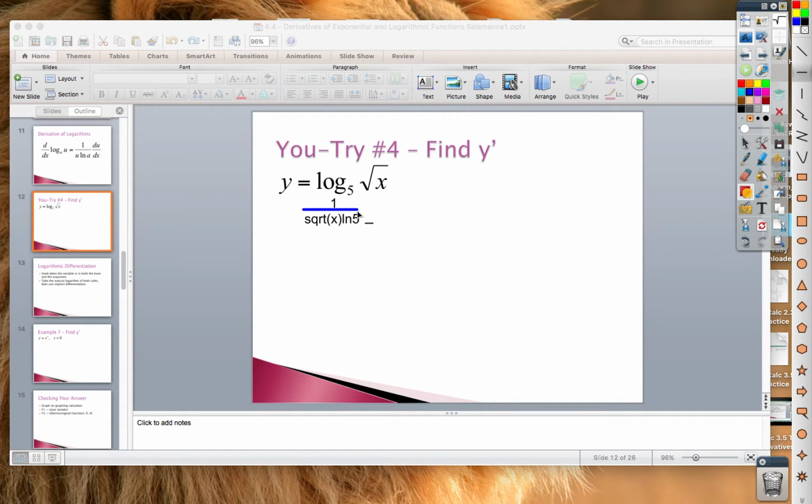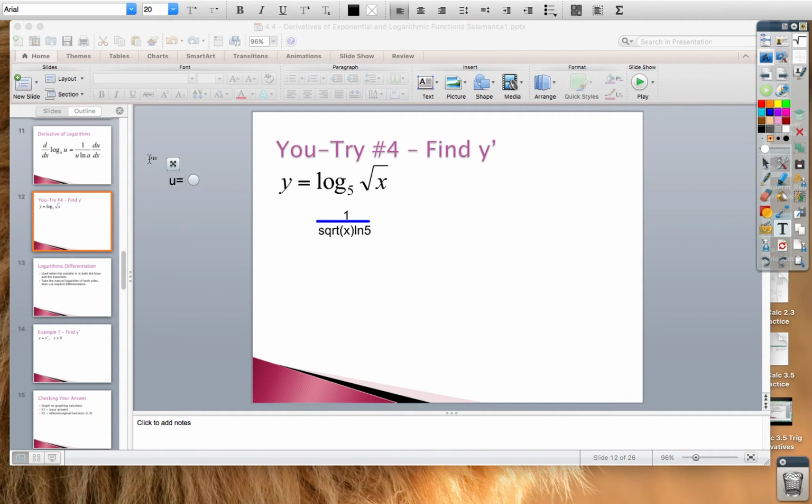Remember, we're supposed to find the derivative of u. And u in this particular case is equal to x to the 1/2 power. That means du is equal to 1/2 x to the negative 1/2 power.